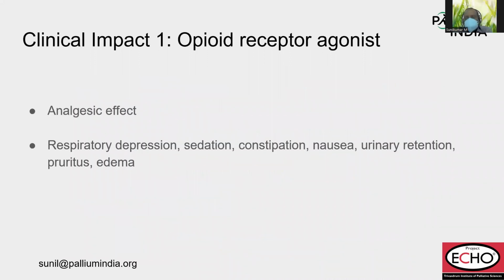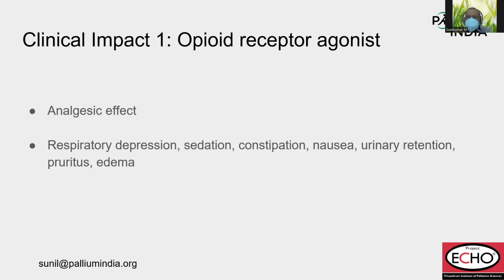So let's look at the various effects of methadone in detail. So we said that methadone acts as an opioid receptor agonist on all opioid receptors, mu, kappa, and delta. So you know that because of the agonistic action, it can cause analgesic effect. But it can also cause some side effects like sedation, constipation, nausea, pruritus, edema, respiratory depression.